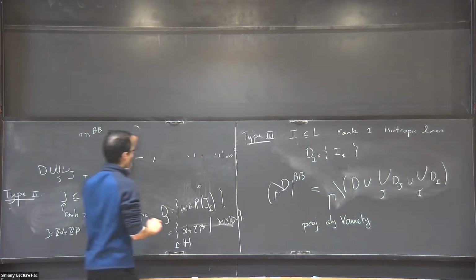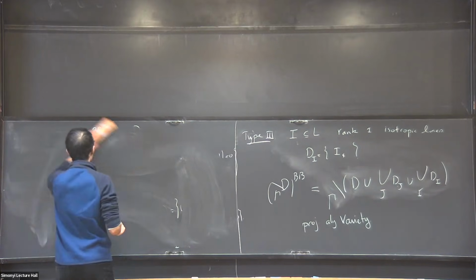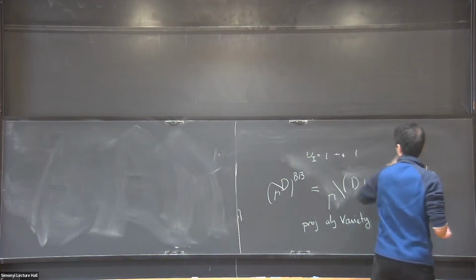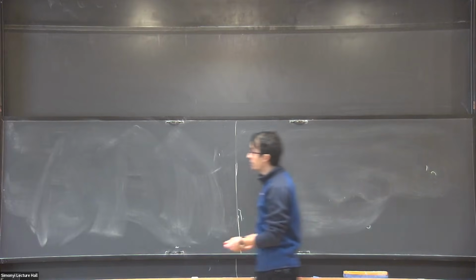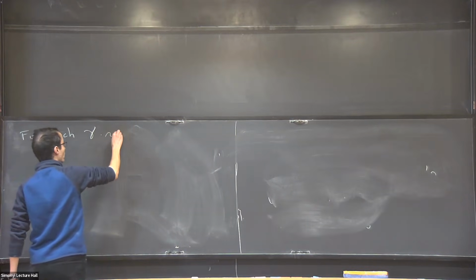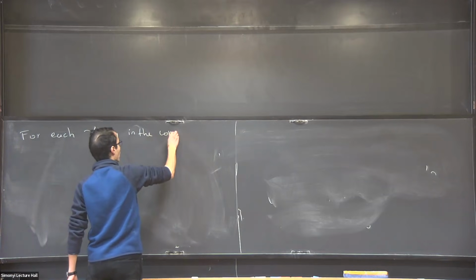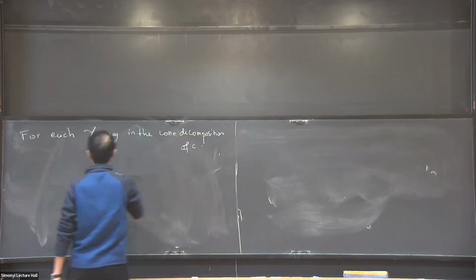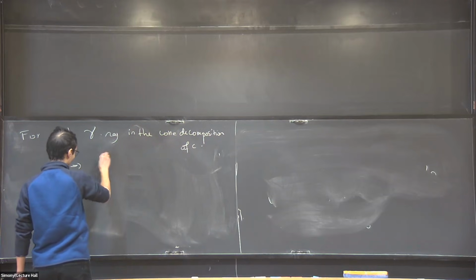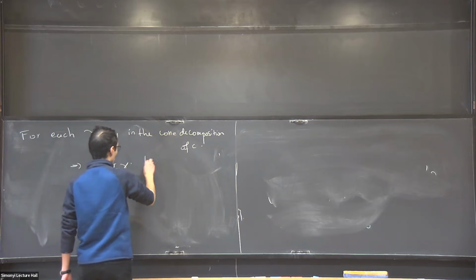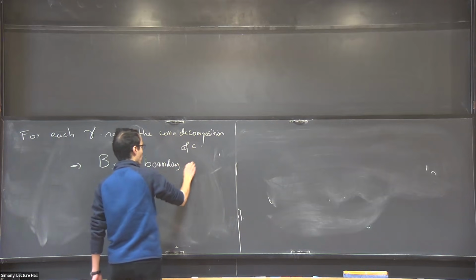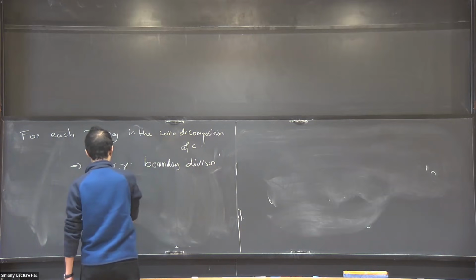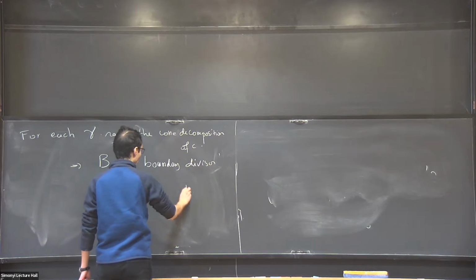And so for each gamma, or little gamma here, which is a ray in the cone decomposition of C, we get a divisor I_gamma, which is a boundary divisor of D mod Gamma.